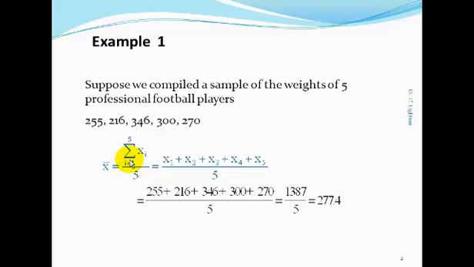For this example, we have to sum all of our elements in our sample above and then divide by 5, which is the total number of elements that we have. By summing the elements, we get a total of 1387, and then dividing by 5, we end up with a mean weight of 277.4 pounds.